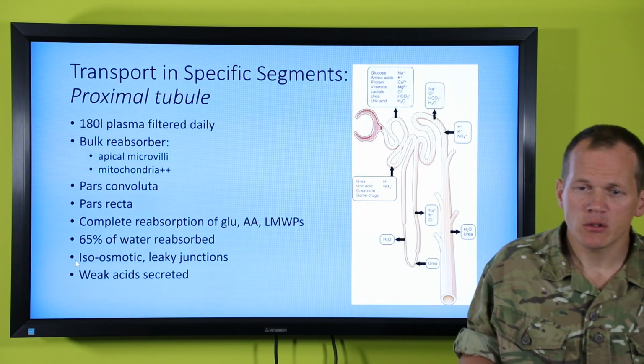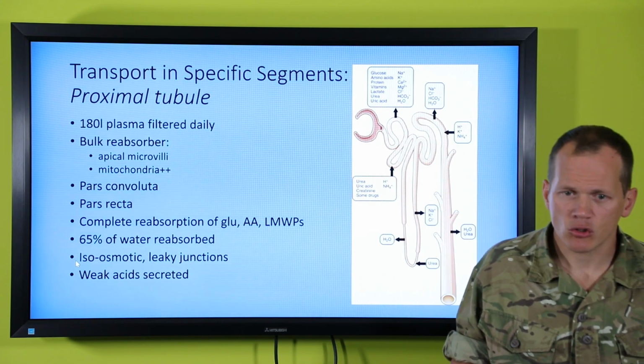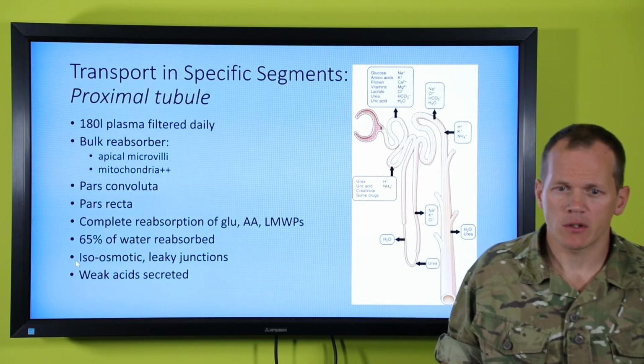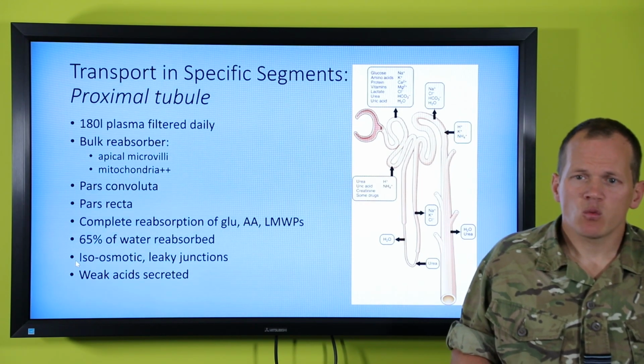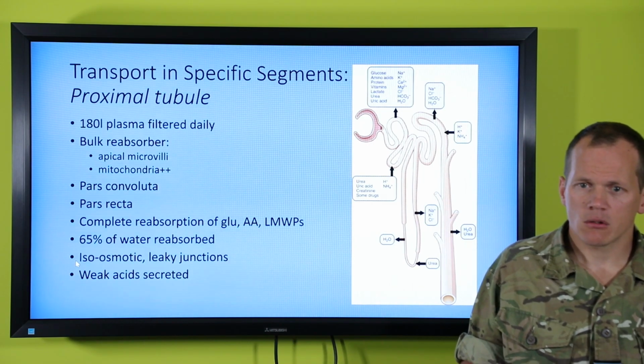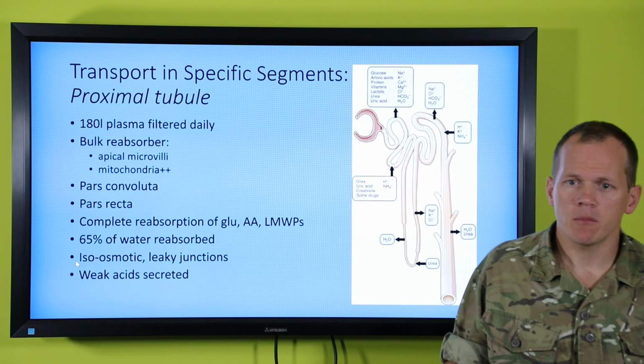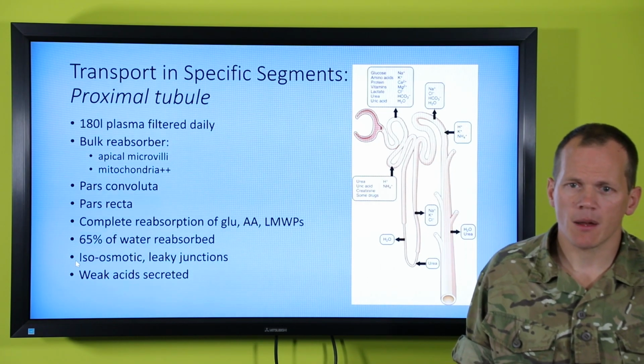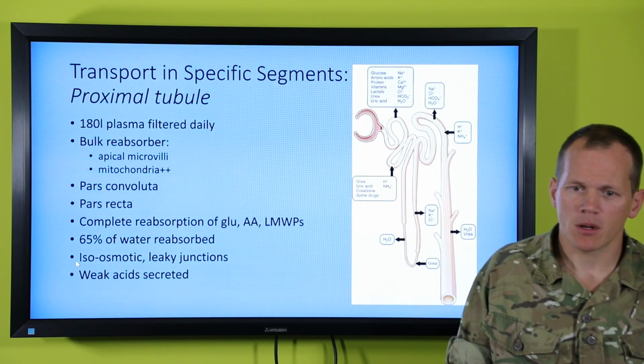It has a convoluted part to it, so a looped part and a straight part, the convoluted and the rectal. And this is where you pretty much reabsorb all of your glucose that you don't want to pass into your urine, your amino acids, your low molecular weight proteins, all those things that you want to get back and maintain in your plasma.